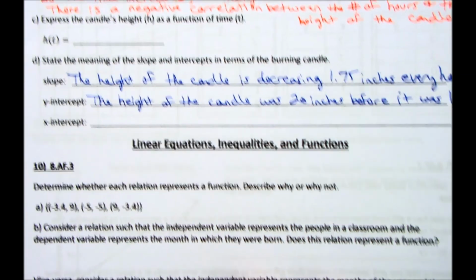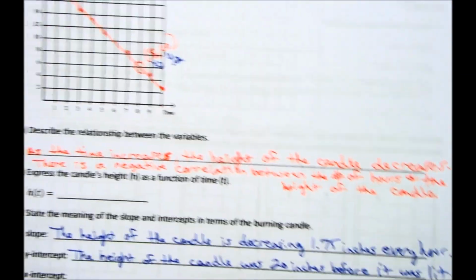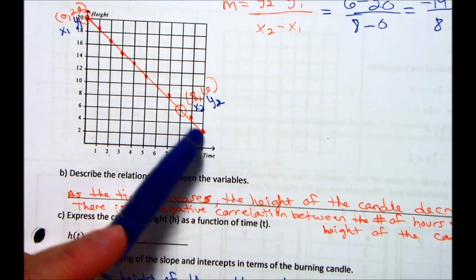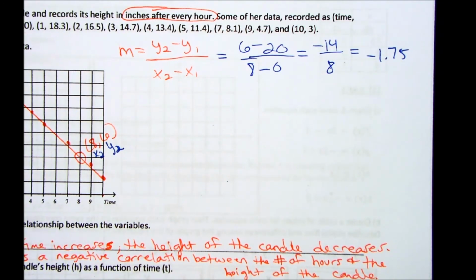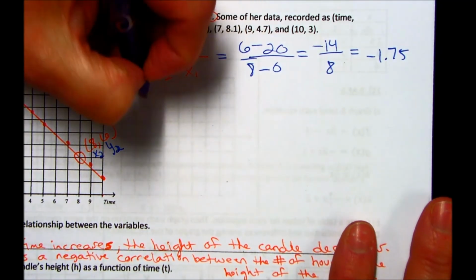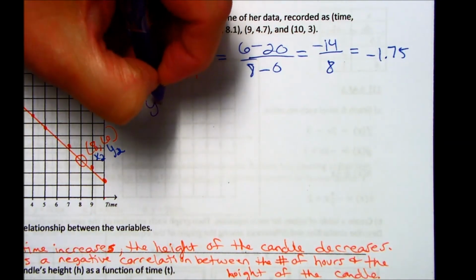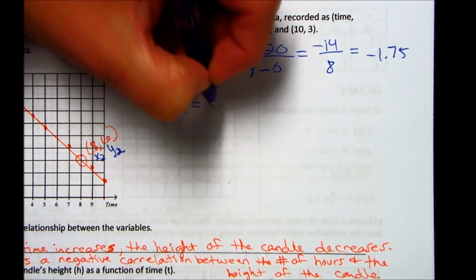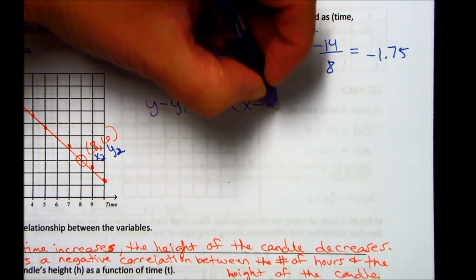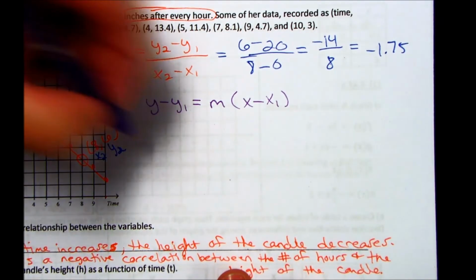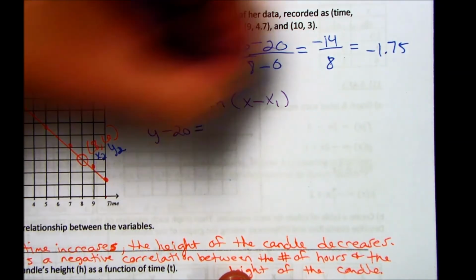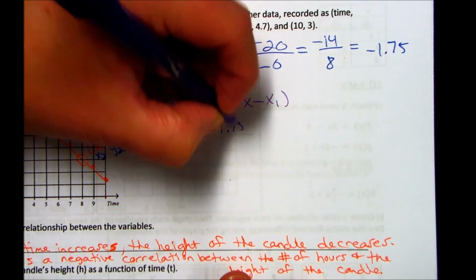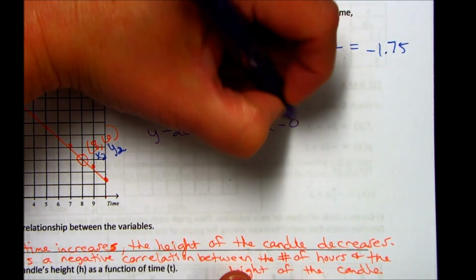x-intercept. So in order to find the x-intercept, we need to again go back to maybe writing the equation. Our line doesn't quite go to the x-axis, so we're going to have to continue writing our equation here. I'm going to use point-slope form, like I did in the last example. y minus y1 equals m times (x minus x1), and I'm going to substitute my y1, which was 20, my slope, which is negative 1.75, and my x1, which was 0.